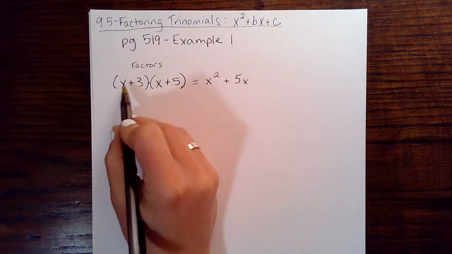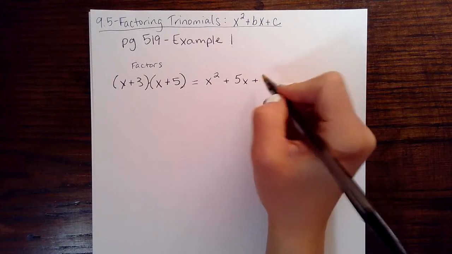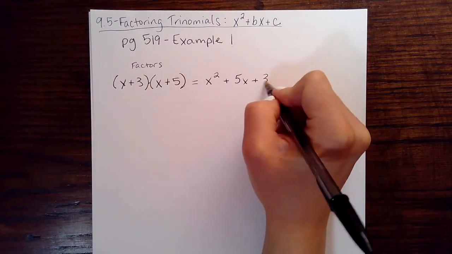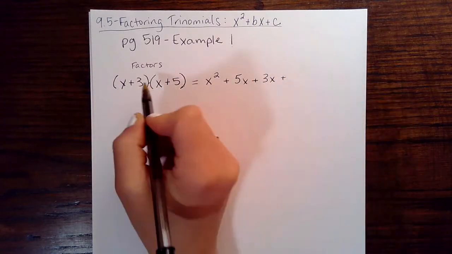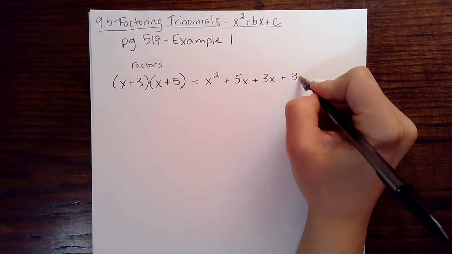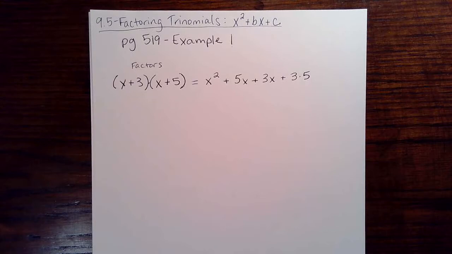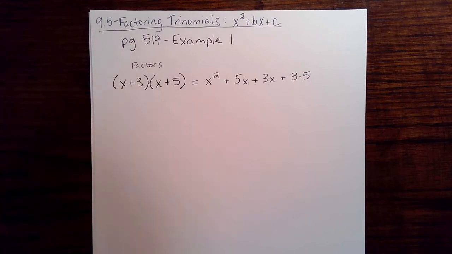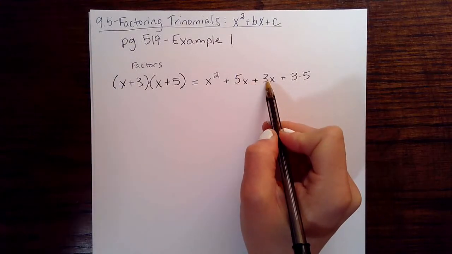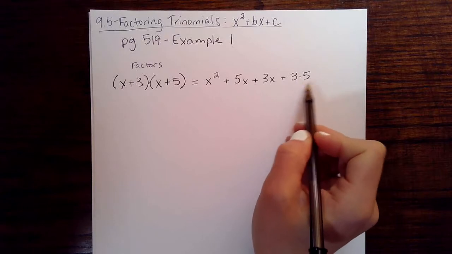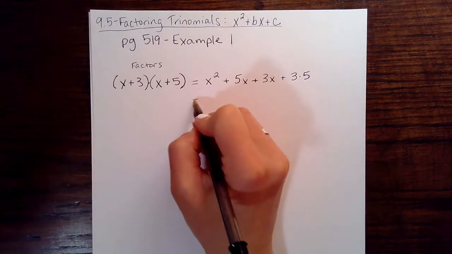The insides, 3 times x, and the lasts, 3 times 5. Now, notice we have 3 and 5, those numbers, as the coefficients here and as the product here.